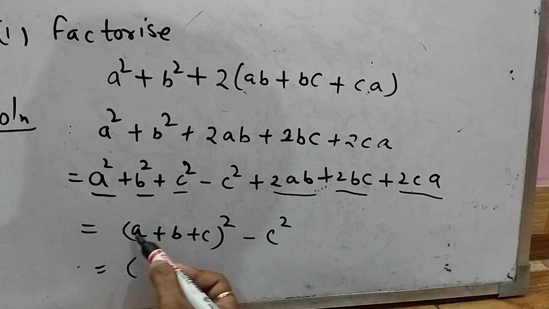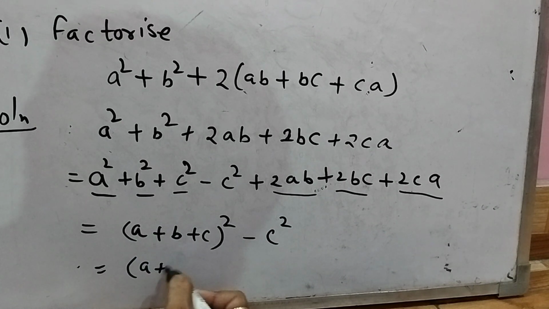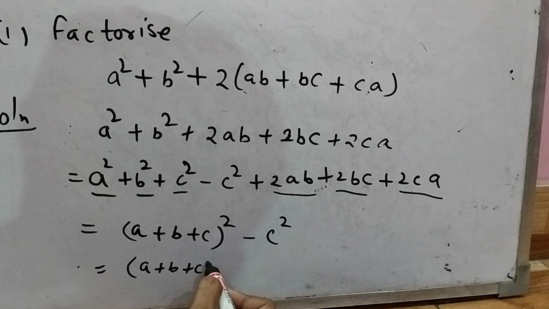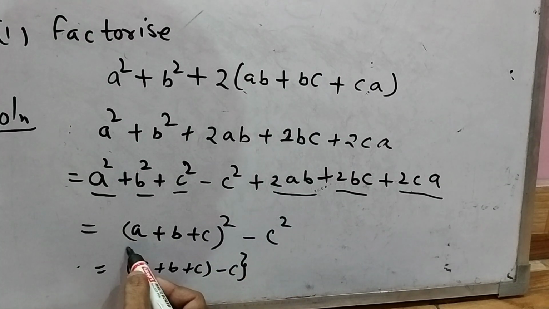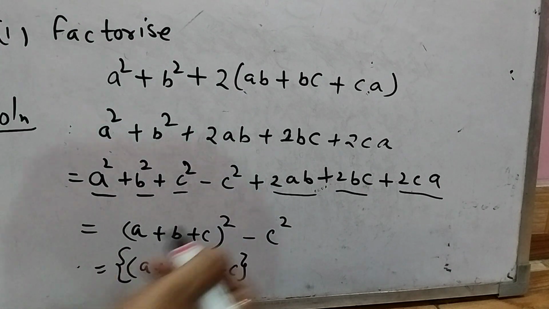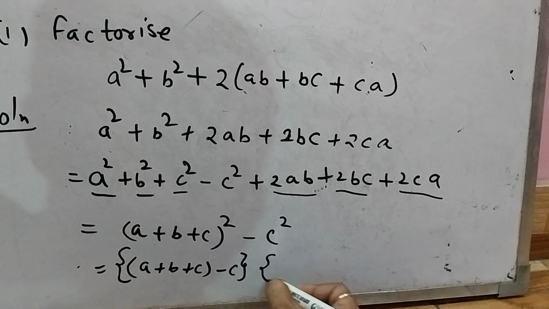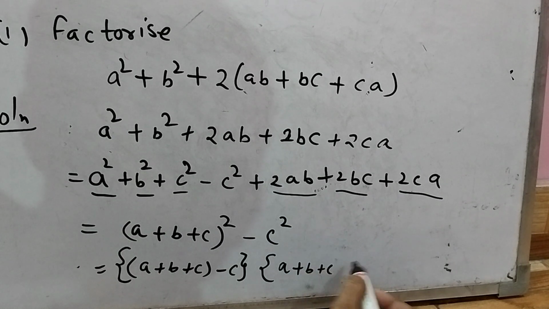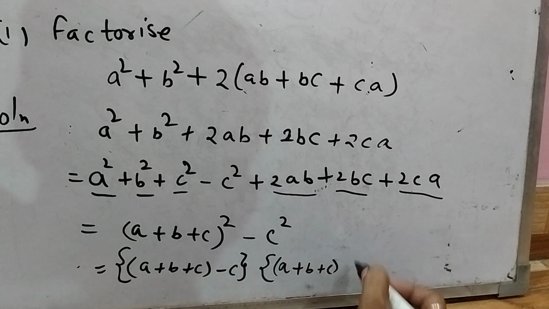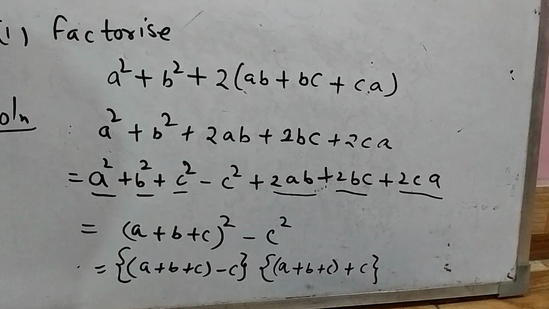So here a plus b plus c minus c, this will be the first factor, and the second factor will be a plus b plus c plus c. So now we have the answer.